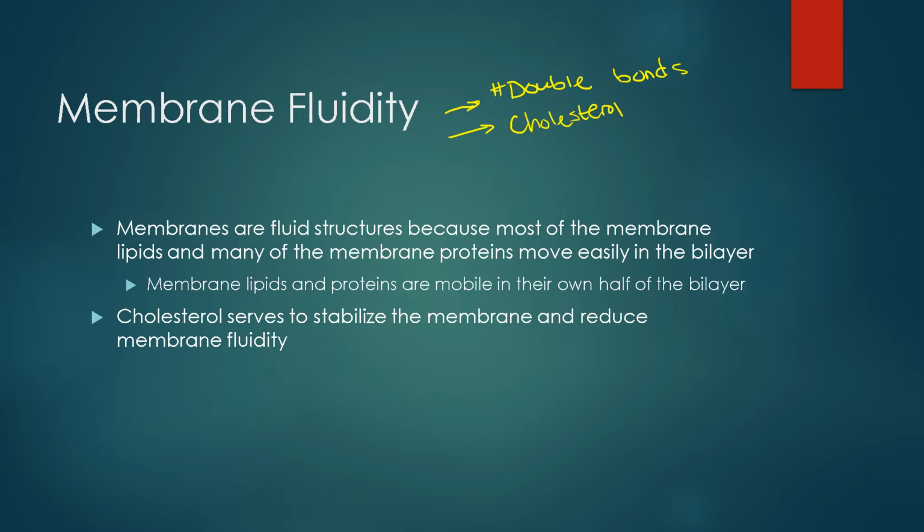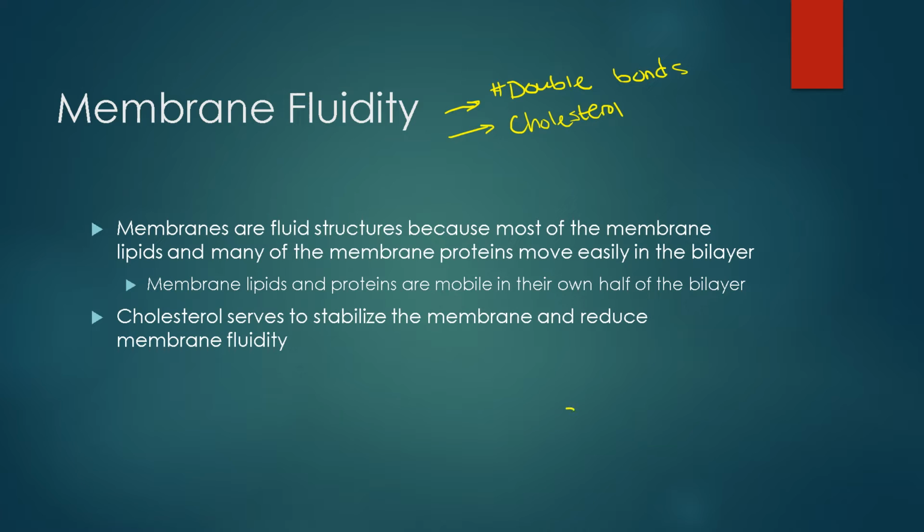So these are going to be the two main things that membrane fluidity depends on. So remember, each of these double bonds puts a kink in the fatty acid tail, and each of those little kinks increases the membrane fluidity by preventing the lipid molecules from packing really tightly together.